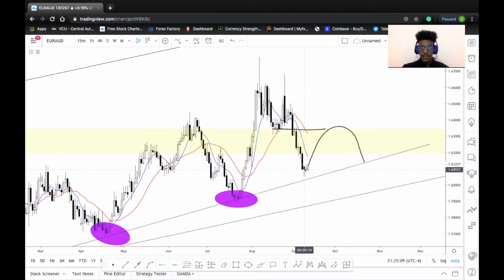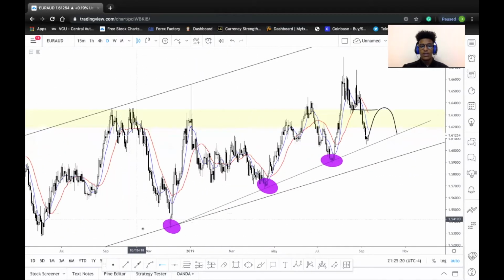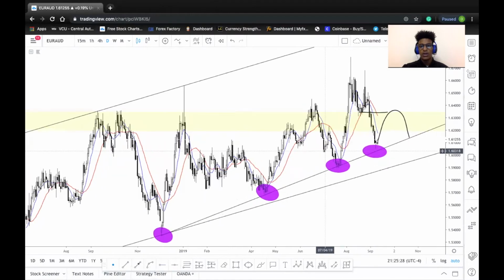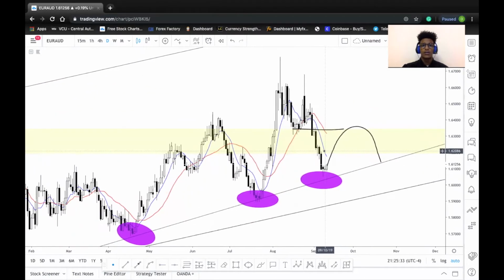If this candlestick manages to engulf these previous two, we can see this potentially correct to form a potential head and shoulders. We do have confluence with our trend line. So if you guys are in sells, I definitely recommend securing partials or protecting your stops.